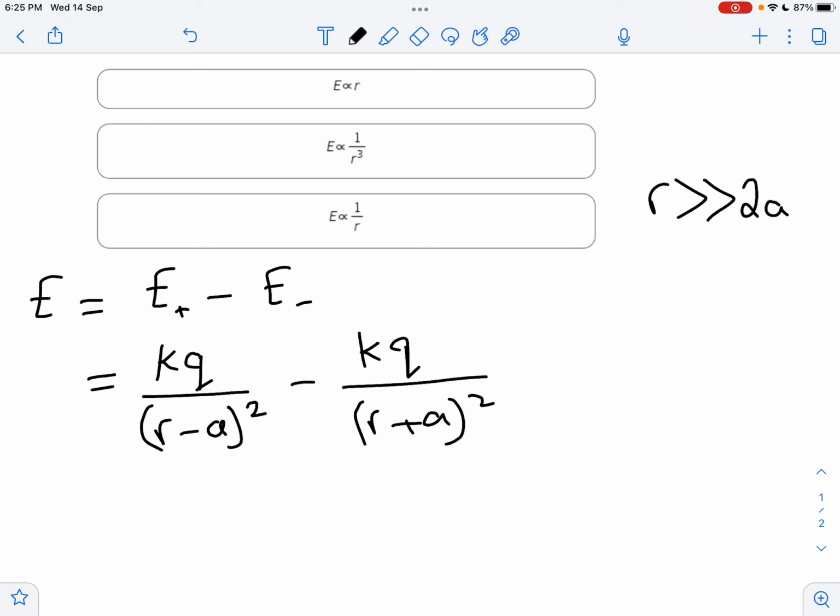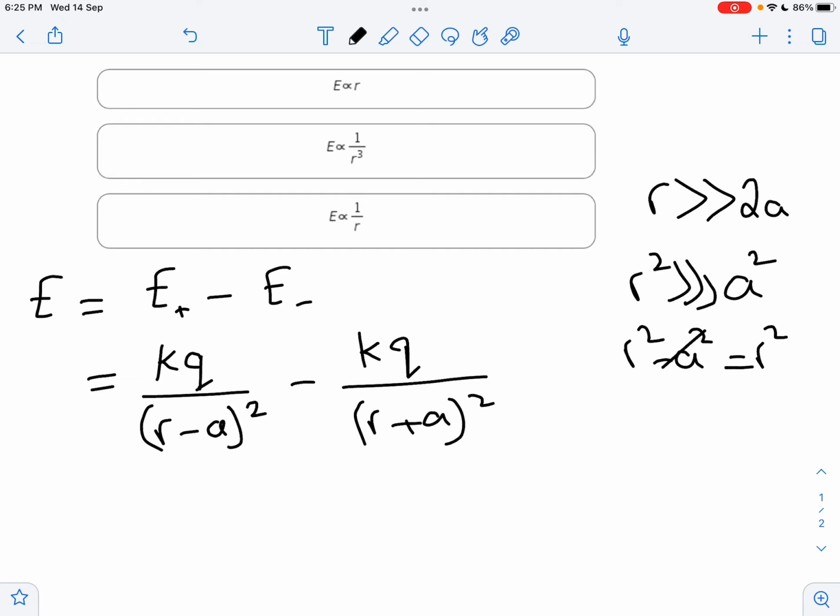When I say r is much greater than 2a, this means if you square r and you square a, then r squared is much bigger than a squared. So when you subtract r squared minus a squared, you can cancel the a squared and you will get r squared, as if you are subtracting, for example, 1 million out of 1 million.